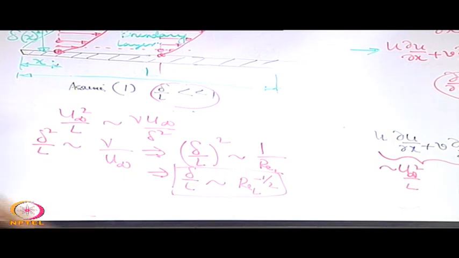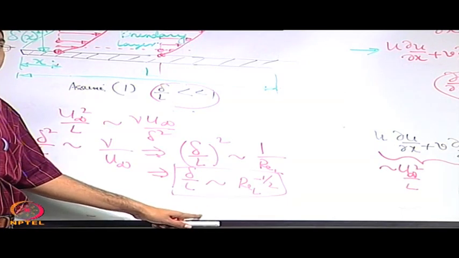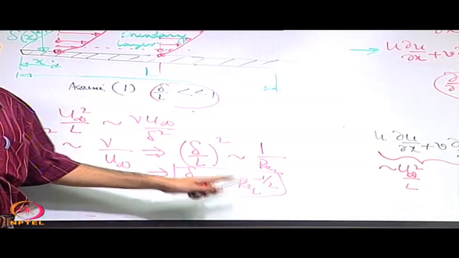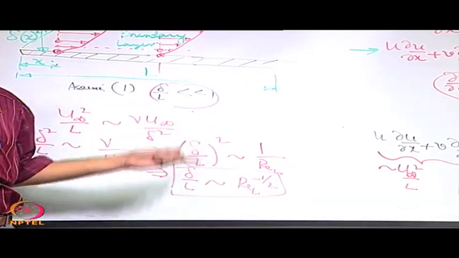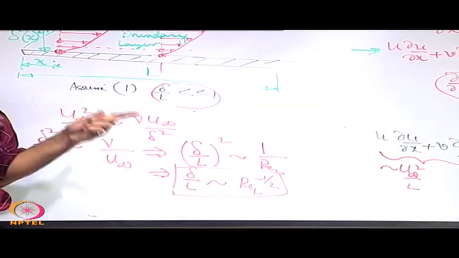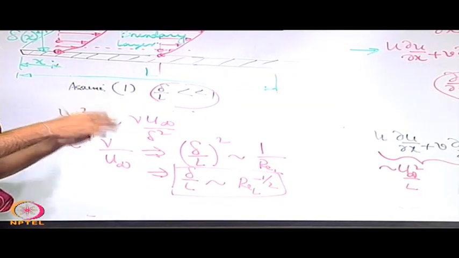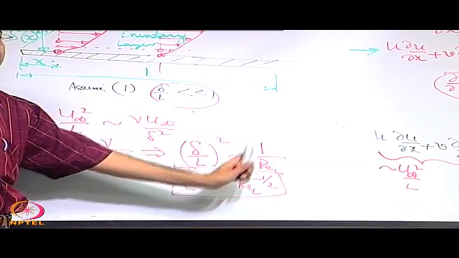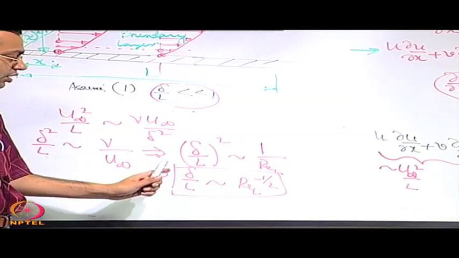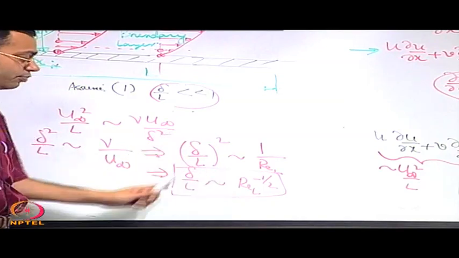So see, this is a remarkable thing because this is a very important observation or conclusion that we arrived at at no cost, without solving any equation, without going into a computation of the equations or numerically or whatever, without going into any sort of complication, just by looking into the order of magnitude. And we will later on see why this is so important.